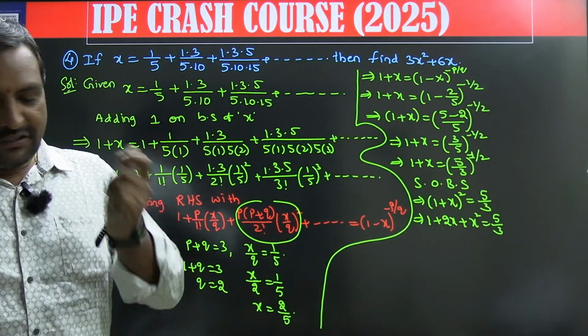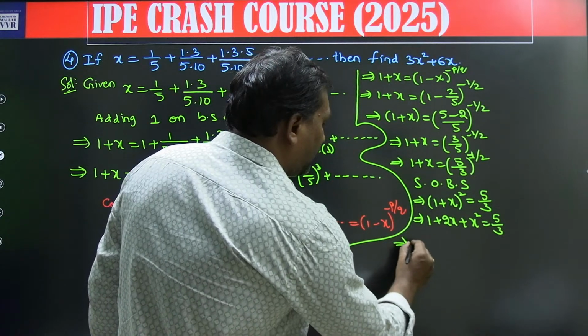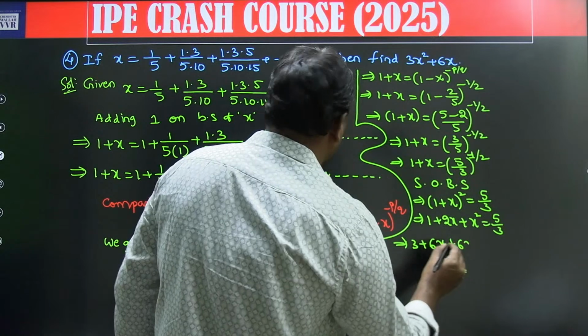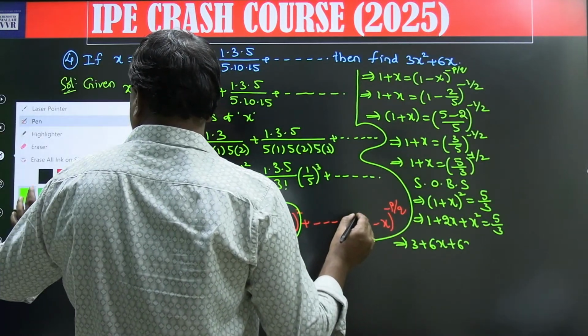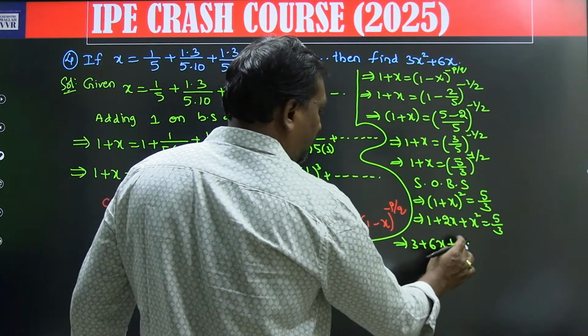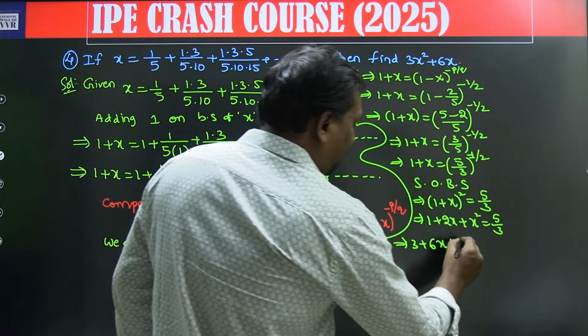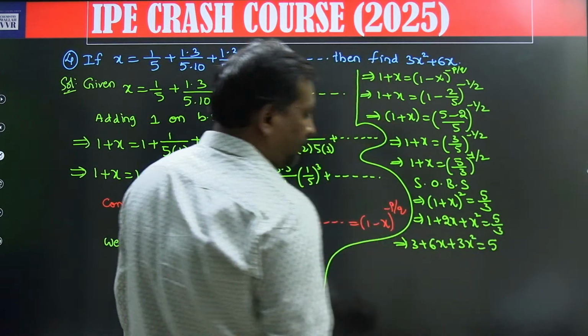Cross multiplication: 3 plus 6x plus 3x square is equal to 5.